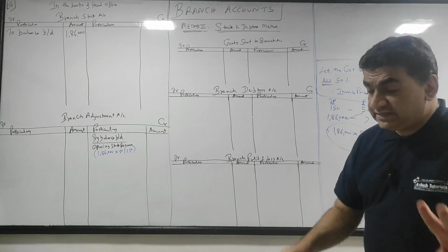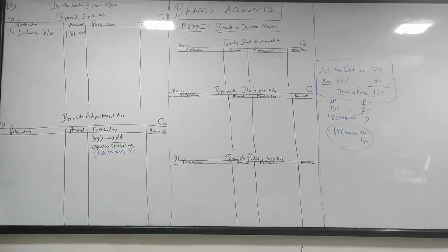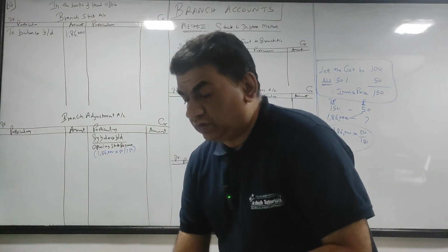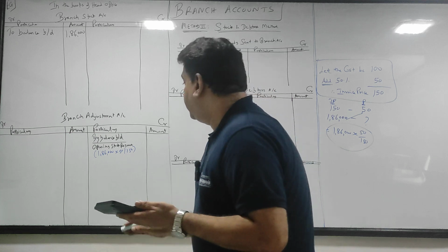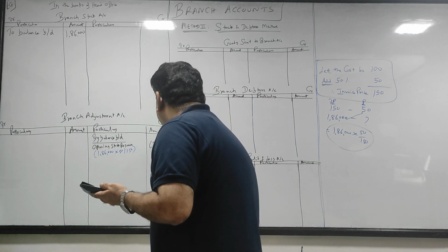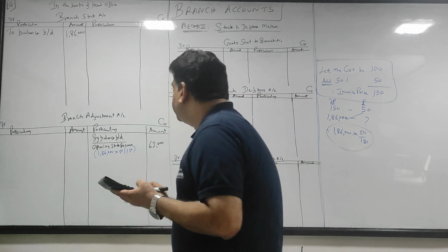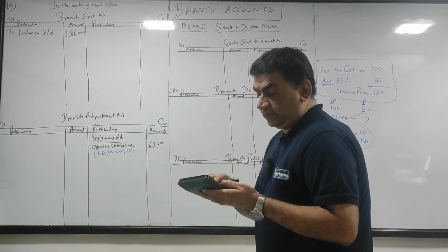This is it. Okay. I'll just get my calculator, guys. Sorry. So 1,86,000 into 50 upon 150 gives you 62,000.